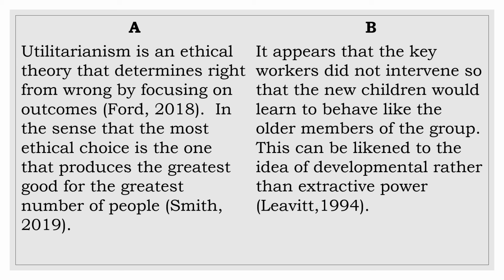So very cautious language. It appears that the key workers did not intervene. So you can tell by the language, and you can tell by the fact that it engages with theory. Whereas A, utilitarianism is an ethical theory, not maybe or perhaps. It's very confident in the language. So this is one way you can distinguish between critical and descriptive.